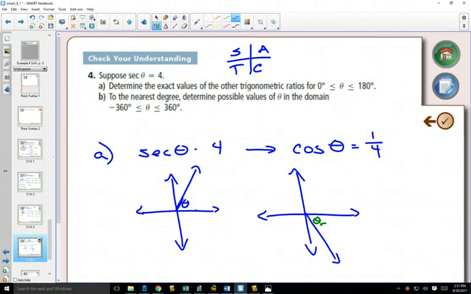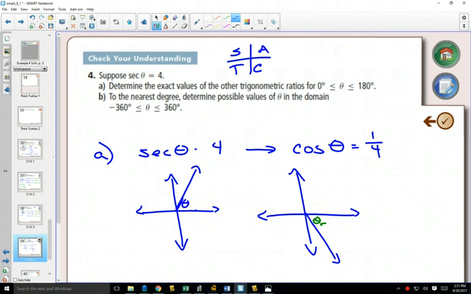So if cos of theta is positive, it's telling you it could be in quadrant 1 or quadrant 4. And it really doesn't matter if you draw it to scale or not. I tried a little bit to draw it to scale, but it really doesn't matter.